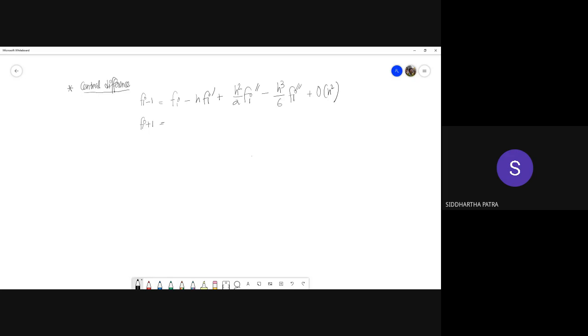Here also, we would write it as fi plus h times fi prime plus h squared divided by 2 fi double prime plus h cube divided by 6 fi triple prime, then order h to the power 4. Okay.